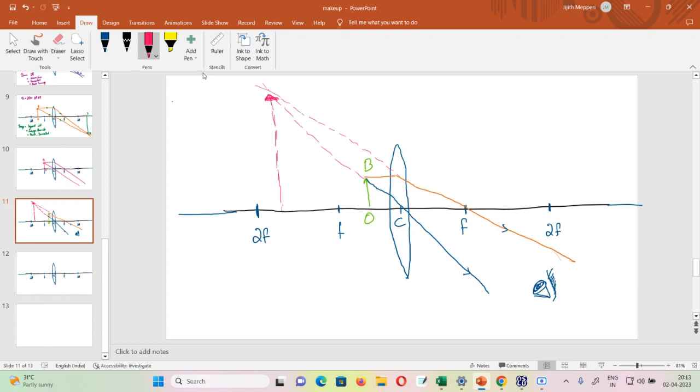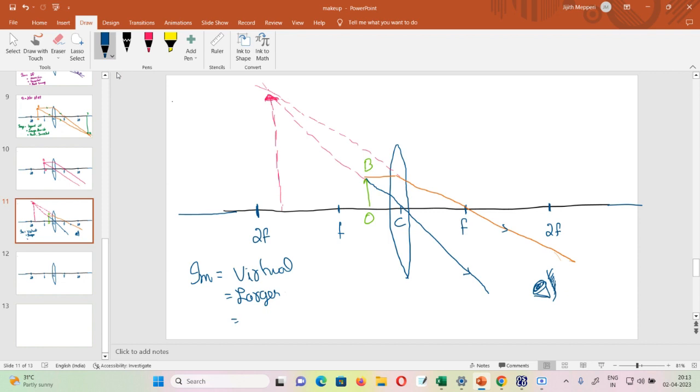So if you have kept an object at a position in between the focus point and the optic center of the lens, you will get an image, and you can see that this image is virtual and larger.